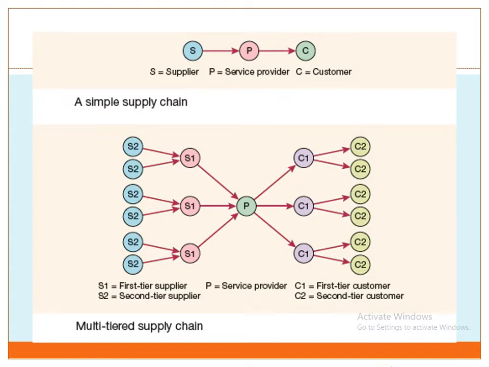Although the arrows in the figure show the movement of the books, it is important to realize that there is an opposite flow of information from right to left to order the books, and again left to right to invoice for the books, and then money flows from right to left to pay for the books.